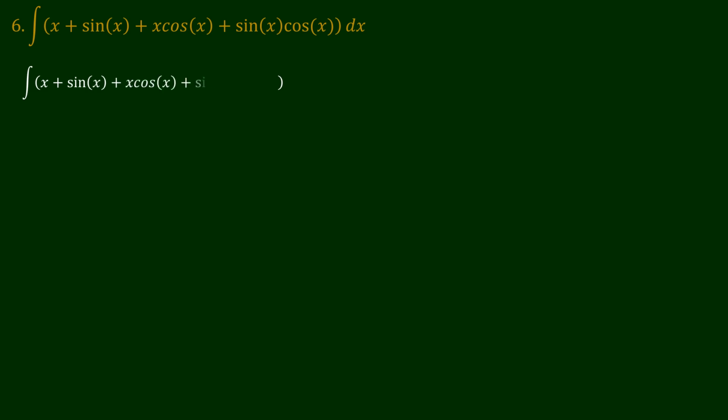So going straight to problem number 6, which is the integral of x plus sine x plus x cosine x plus sine x times cosine x. So this can be spread out into 4 different integrals so that we can integrate these different terms independently: x, sine x, x cosine x, and sine x cosine x.